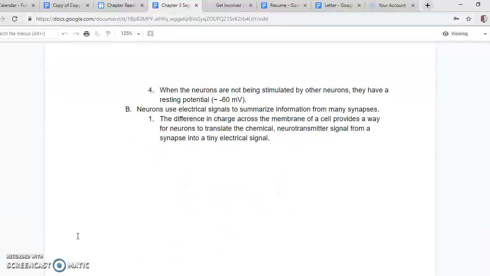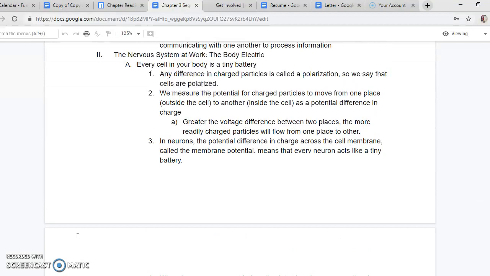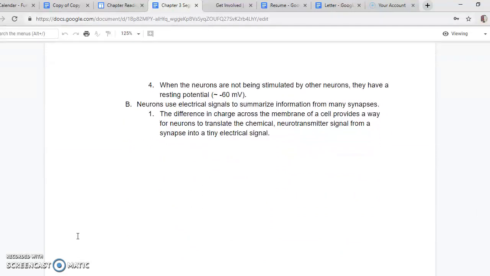And so when the neurons are not being stimulated by other neurons, they have a resting potential, and this is around negative 60 millivolts. Unlike other cells, neurons can change their membrane potential. And that's just the amount of ions and the electrical charge from inside and outside the cell, and that difference.